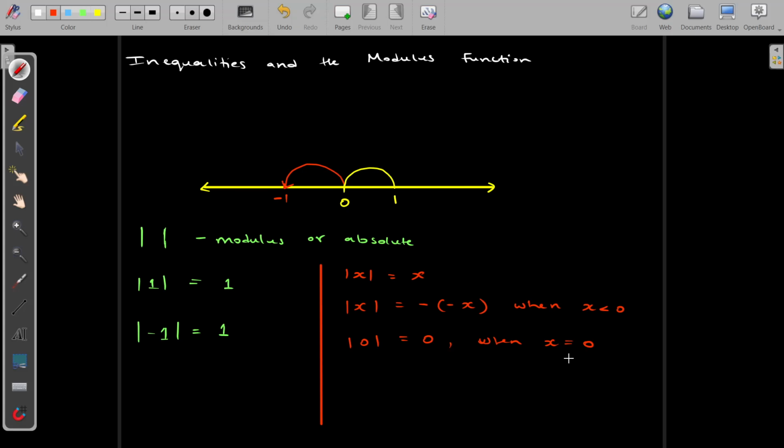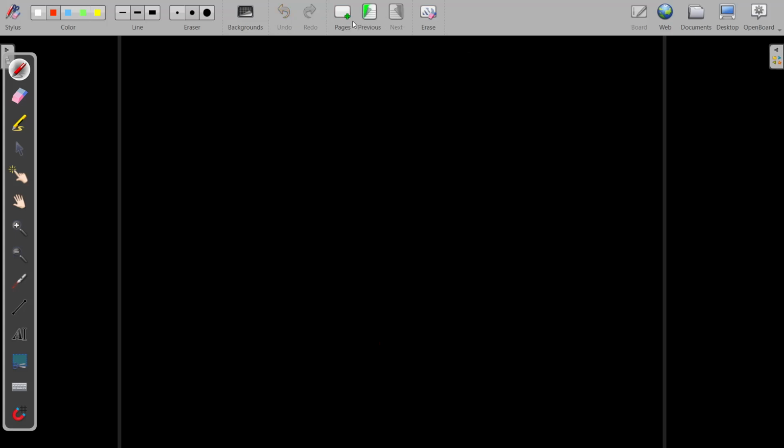Now, what is the purpose of these things? We can actually use them to solve equations involving modulus. So let's add a page. Solving equations involving modulus.